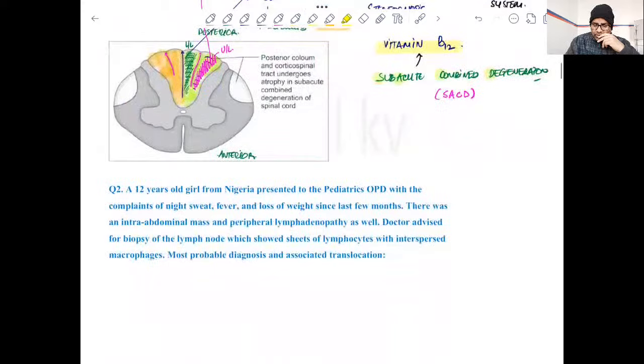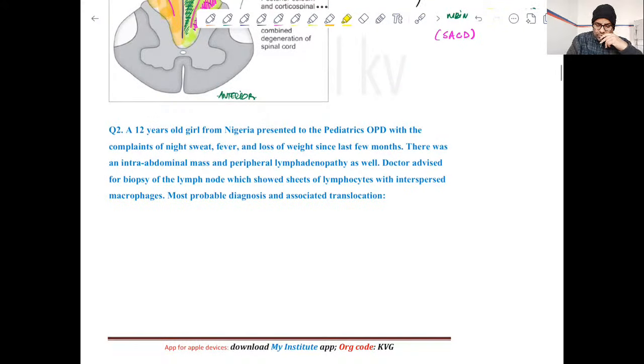Then moving forward, there is a 12 year old girl from Nigeria, and she is having night sweats, fever, and loss of weight since a few months, and she was having an intra-abdominal mass and enlargement of the peripheral lymph nodes. When a biopsy of the lymph node was done, there were sheets of lymphocytes and interspersed macrophages.